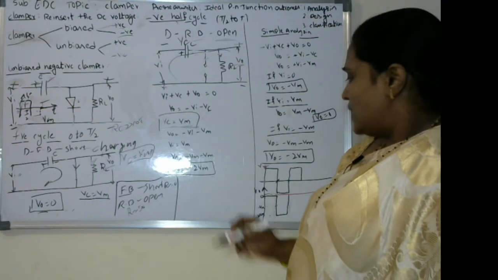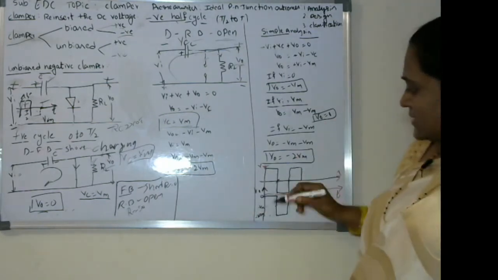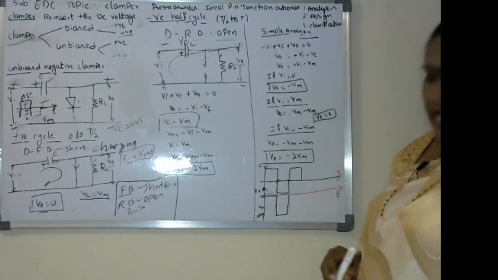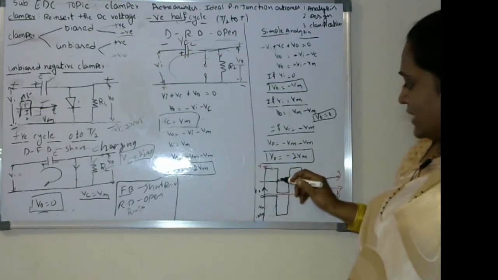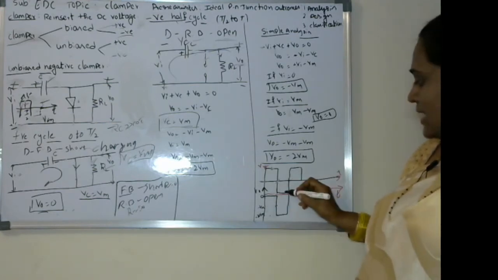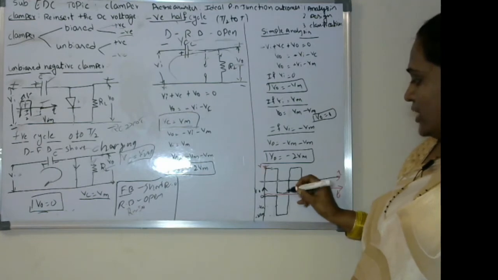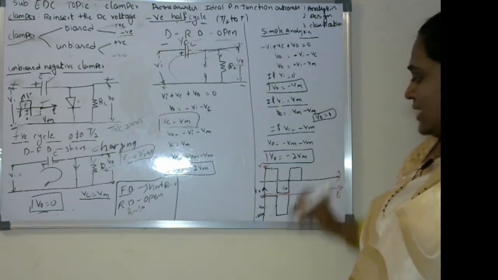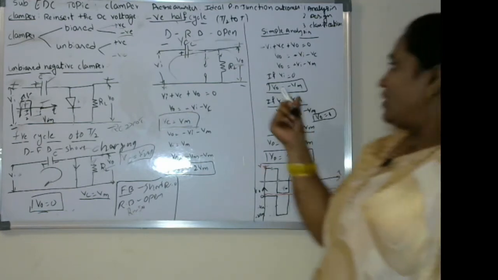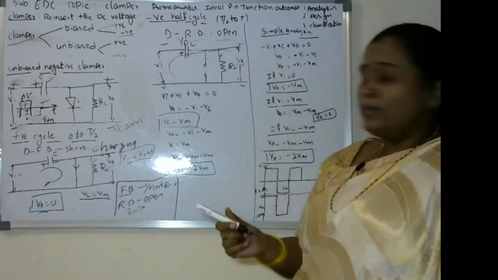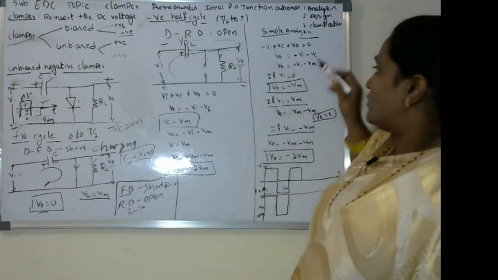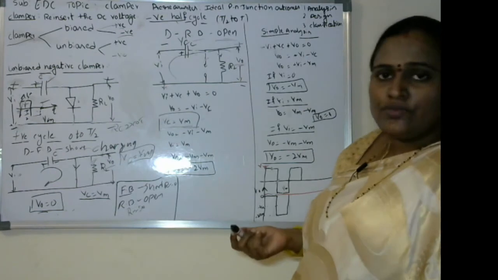In this waveform, if you observe, there are 3 cases: one is Vm, the second is 0, and the next is minus Vm. We have to consider 3 cases. So if Vi equals 0, substituting Vi equals 0, V0 directly equals minus Vm.